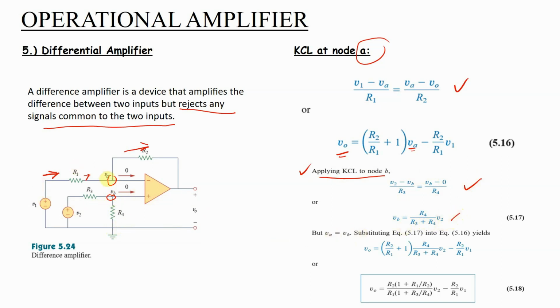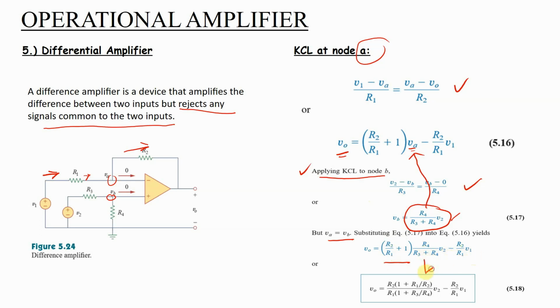But in this case, we have VA equal to VB. So we have to substitute this part of the equation into this, right? So now we will arrive at this equation that V out is equal to R2 over R1 plus 1 multiplied by R4 over R3 plus R4 multiplied by V2 minus R2 over R1 V1.